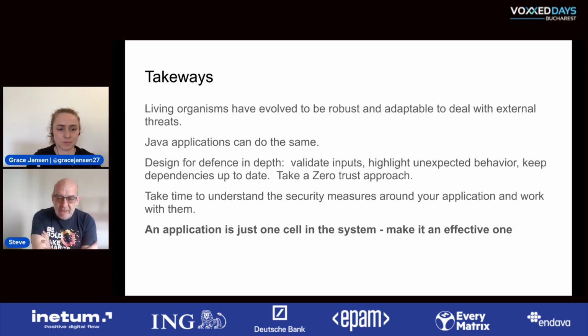And lastly, most importantly, take a look at the software that you're connected to. Go look at the API gateways and the monitoring tools and see how you can work better with them. Because one thing to remember is the only thing between you and the bad guys is software. So you want to make sure that that chain of software is the best it can be and works the best. You're only one cell in the system, but you should be the best cell.